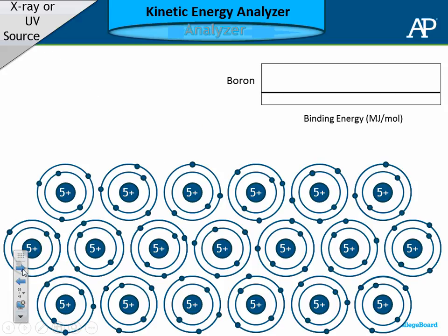So let's see here. X-rays coming in. As the electrons fly through there, we can measure the binding energy. 19.3 represents a very high binding energy. So those are the ones we're talking about, the electrons that are closer to the core, closer to the nucleus. Oh, look at that. Instead of having just 2 peaks, now we're looking at 3 peaks.